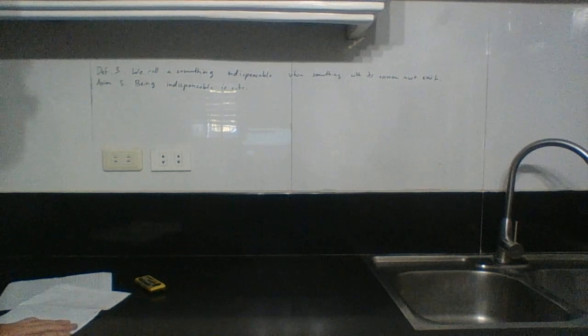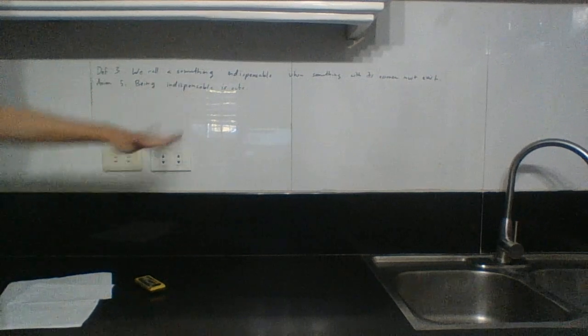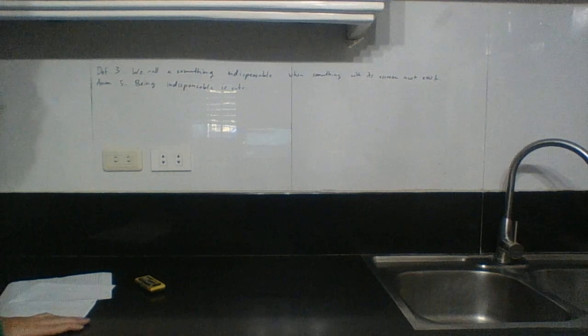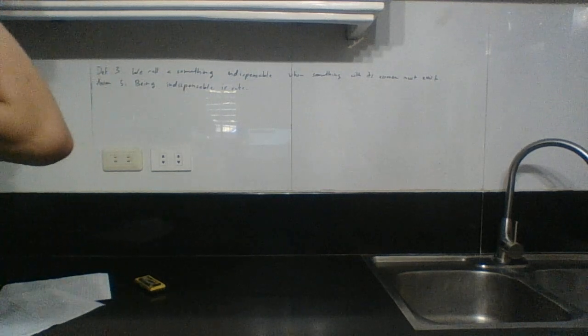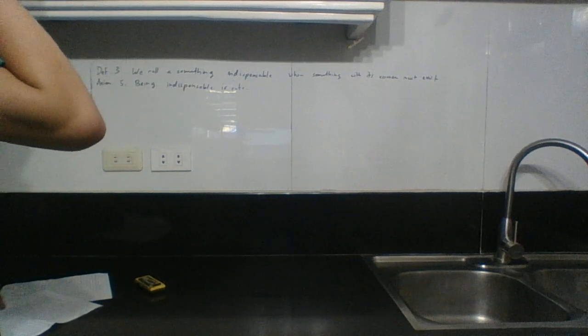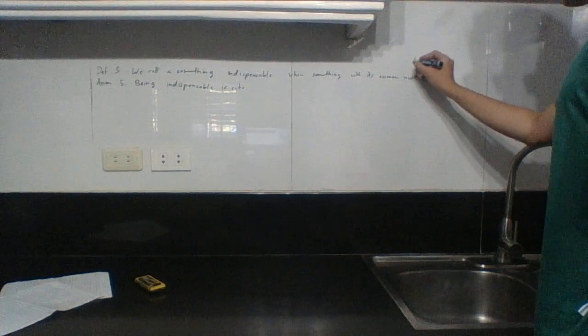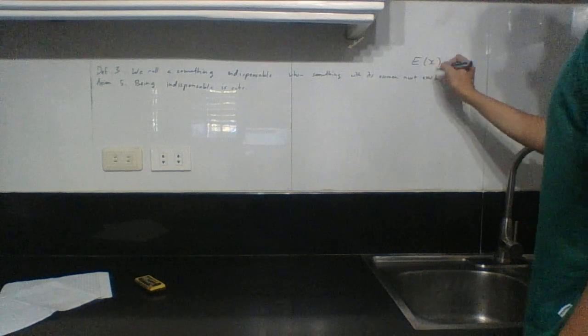And now we're saying that the property of being indispensable is cute. I will denote indispensability of something as E of X. So E of X denotes indispensability of an object. Okay?